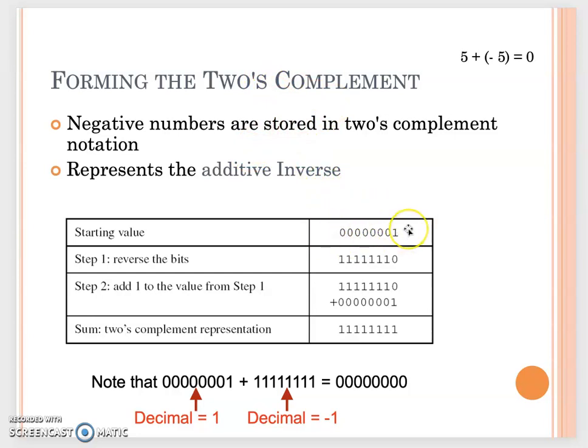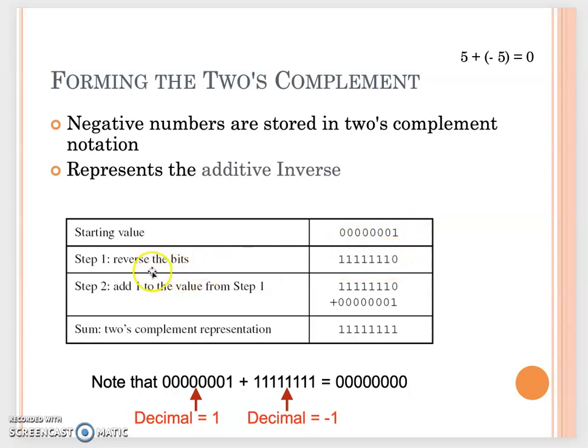Start with the 1. If you have the positive number 1, you want to find -1 in the binary system. The first thing, you need to revert all the bits. So you can see here we have 7 0s and a 1. We just revert, so all the 0s become 1, and the 1 becomes 0.